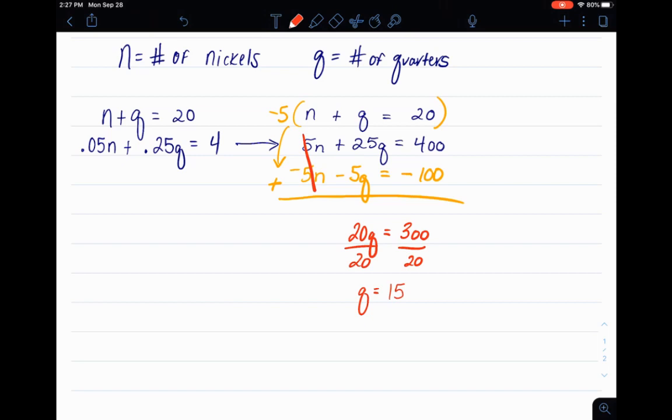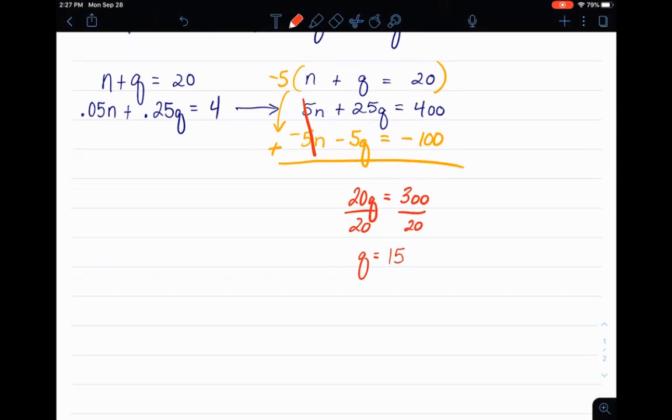All right, so then once I have Q, I have another variable that I need to figure out. How could we figure out n? Okay, we could plug in 15 to one of the original equations. That's going to be the easier way to do it.